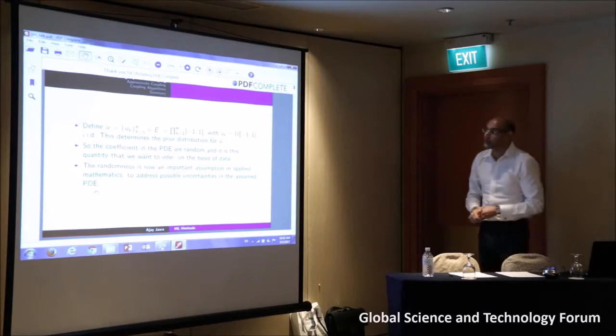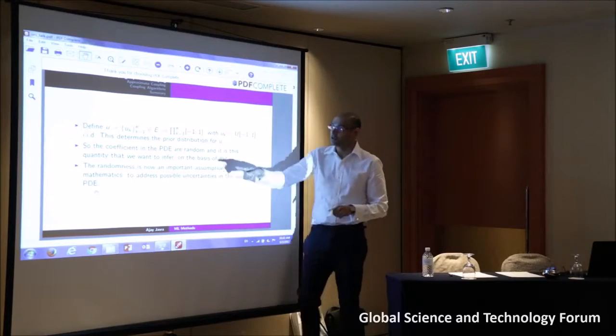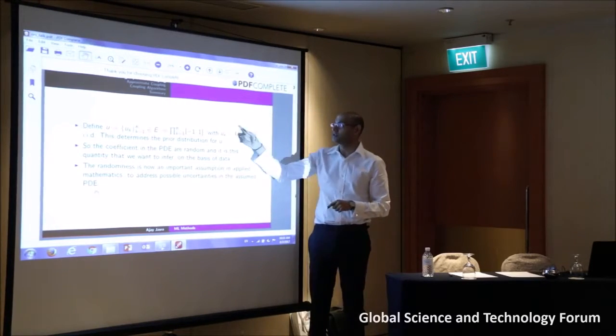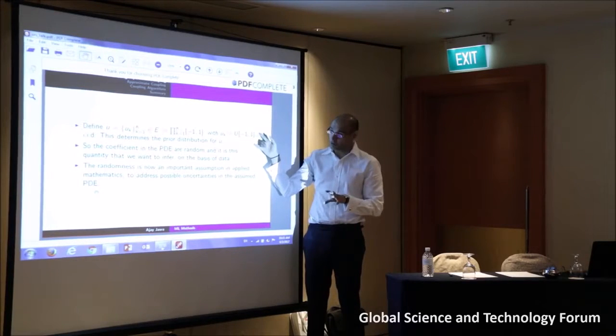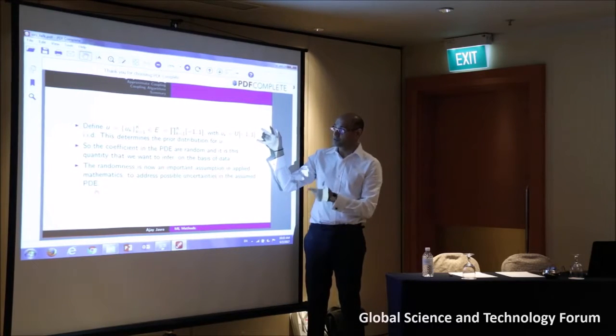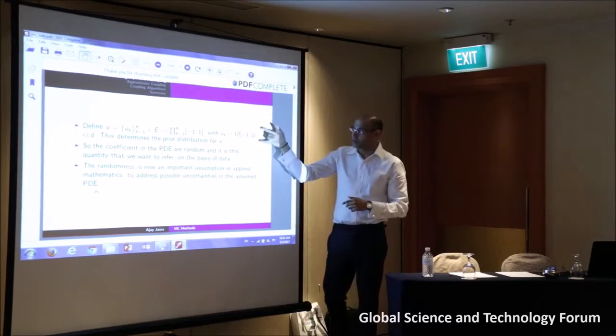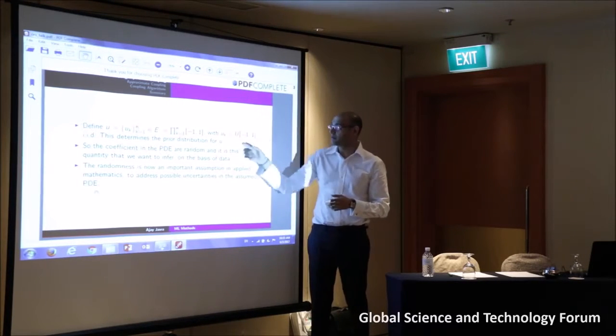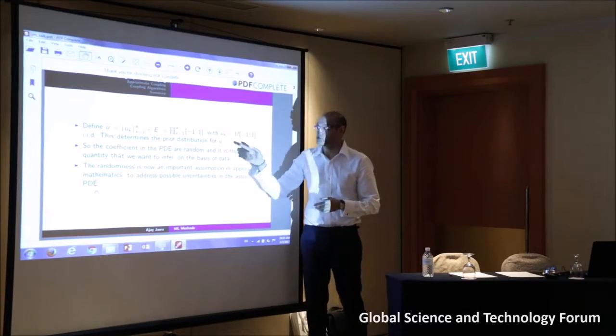Now, in the coefficient there were these u_k, which are in some space, and I'm going to suppose that they're uniformly distributed. Again, this is not my model; this model came from work of Andrew Stuart at Caltech. Basically these u_k determine a prior distribution for the u's.